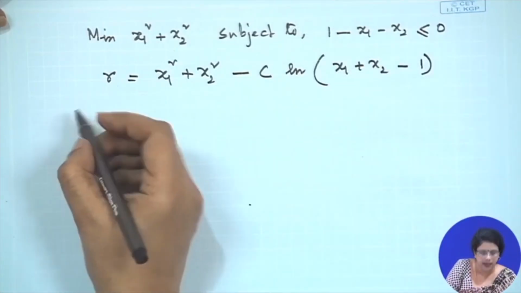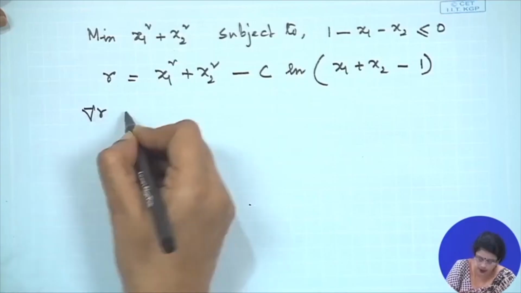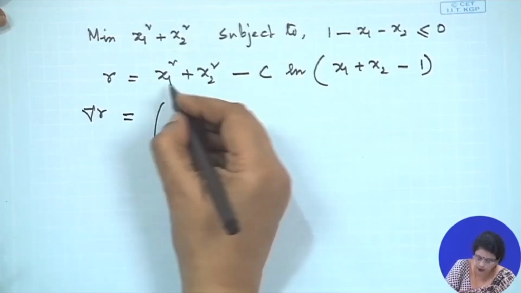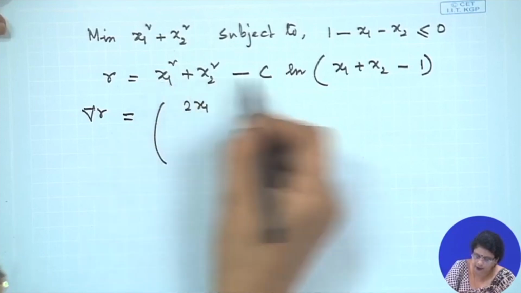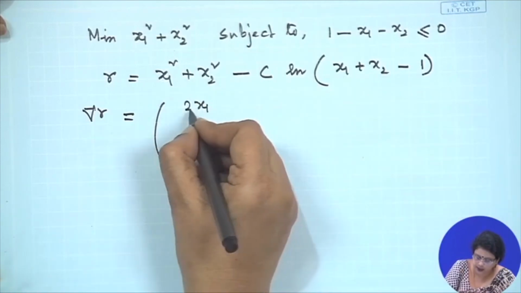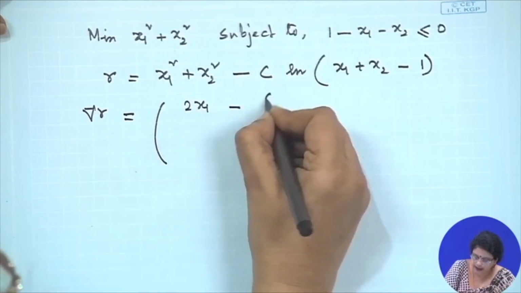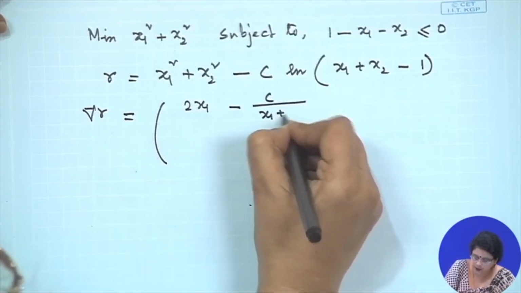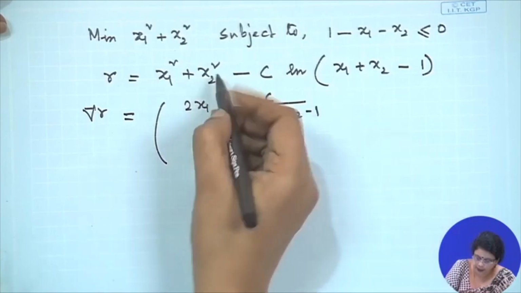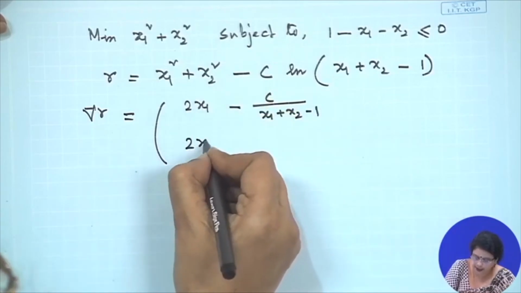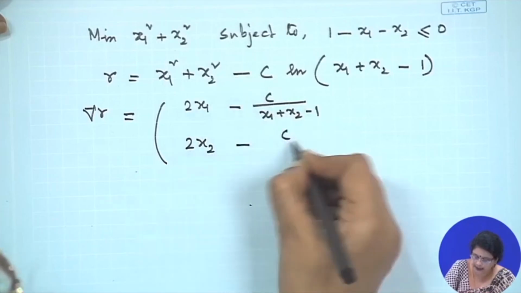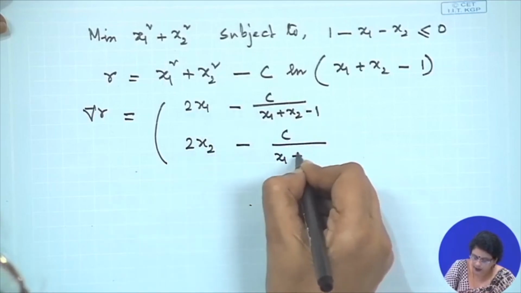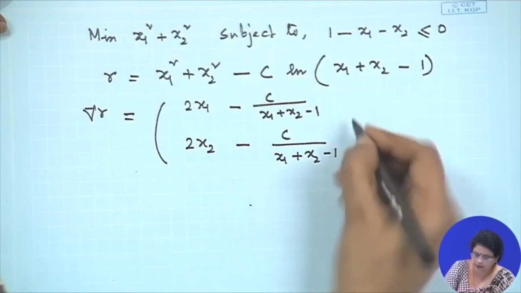All right. Consider the grad of r. If I differentiate with respect to x1, then grad of r would be 2x1 minus c divided by x1 plus x2 minus 1. And if I partially differentiate with respect to x2, this is equal to minus c divided by x1 plus x2 minus 1.